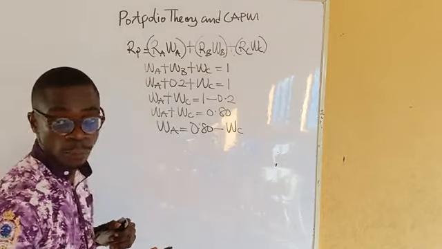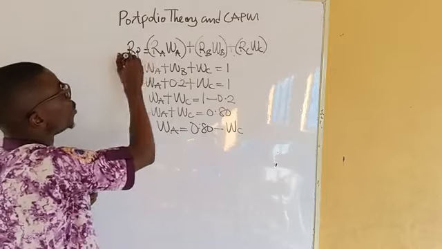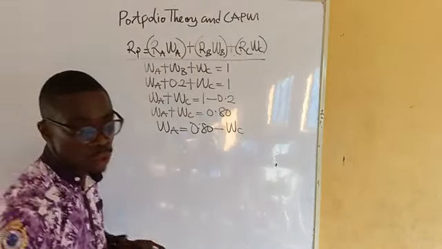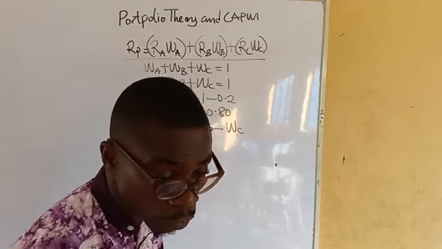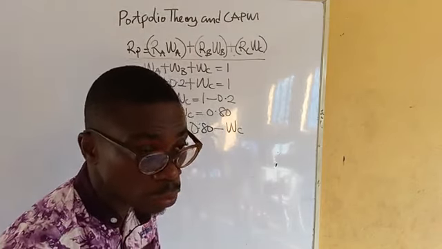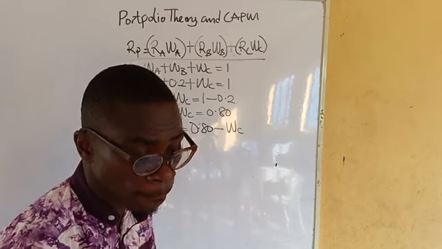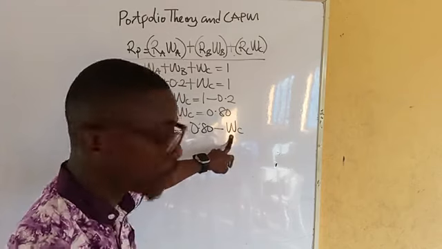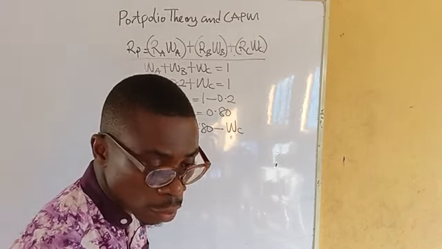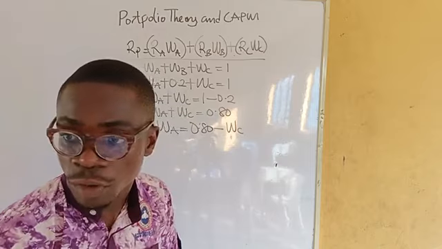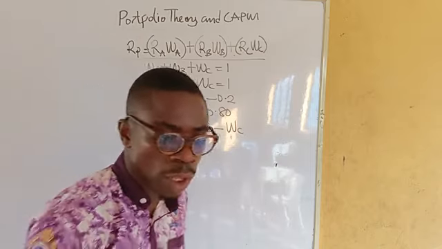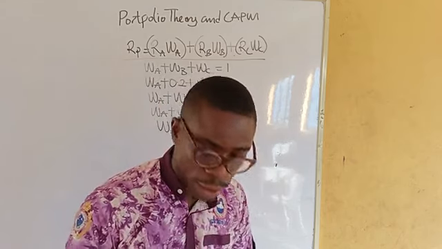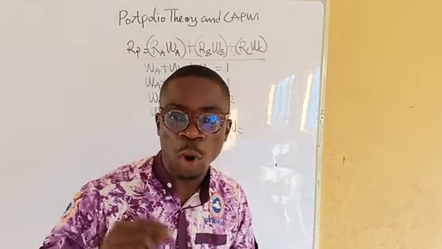Now, let's go to this formula rather. What's the return on the past? Sir? The weight of A is equal to 80% minus whatever the weight of C is. Yes. Now the question is 80% of what? Look at the question. We are not given the amount to invest.